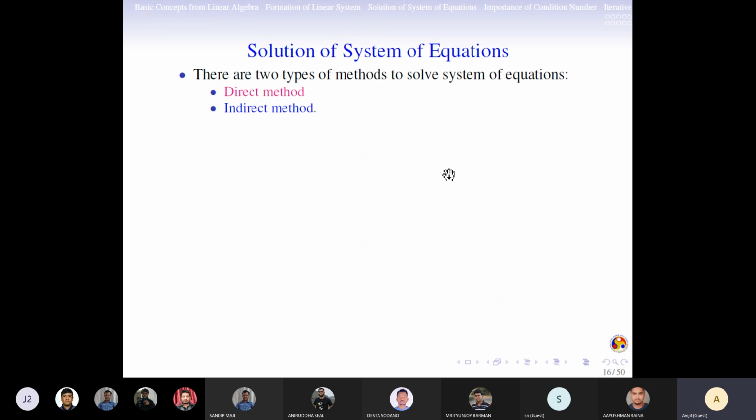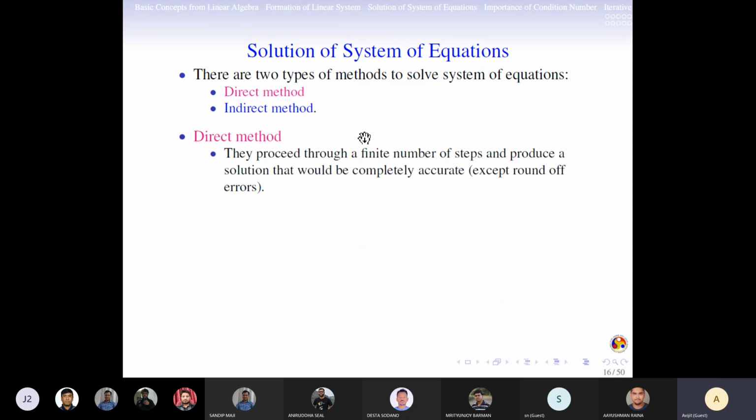To solve the system of equations, there are basically two approaches. The first one is the direct method and the second one is the indirect method. In the direct method, we proceed through a finite number of steps and produce a solution that would be completely accurate.